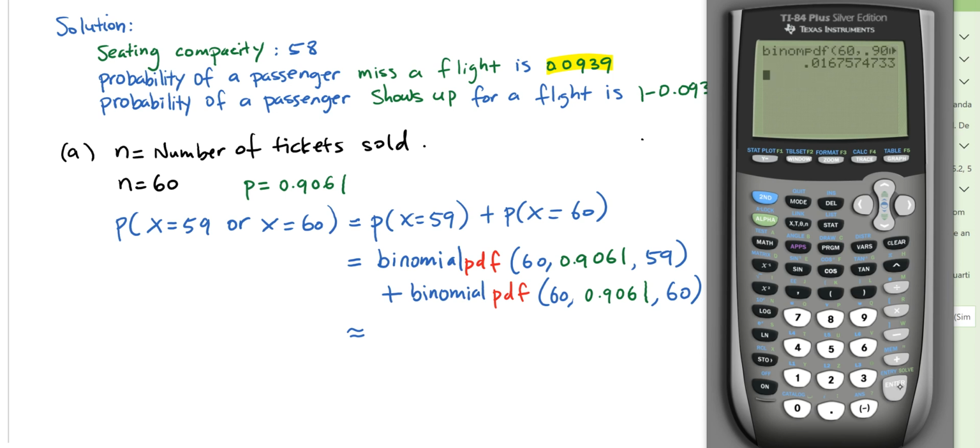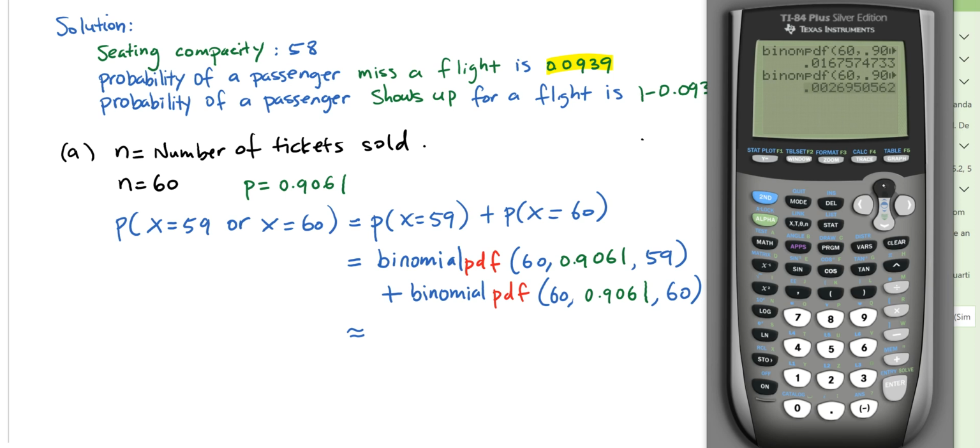All right, I'm going to do the second one. Second vars, go down the list again. It's all exactly the same, the only difference is x is 60 this time. Now I'm going to add these two answers together.